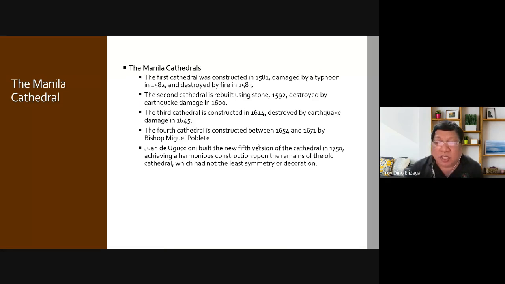There's a lot of change already because the Manila Cathedral was destroyed four or five times. It was damaged by a typhoon, destroyed by an earthquake, destroyed by an earthquake again in 1645, and then I think it was partly bombed during the war.